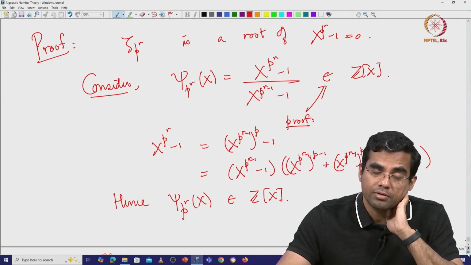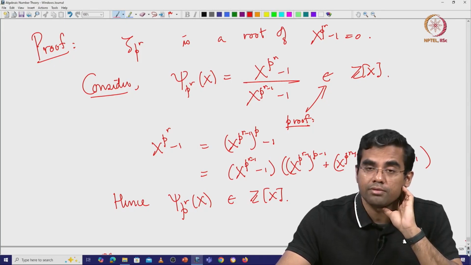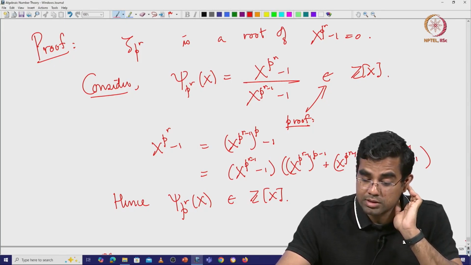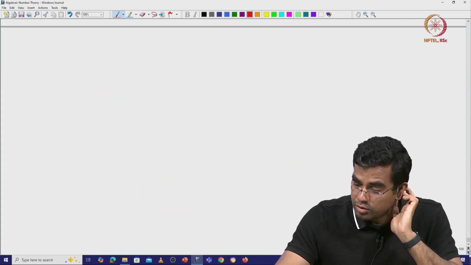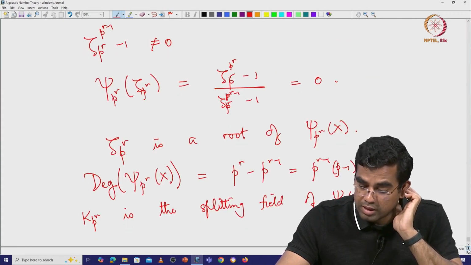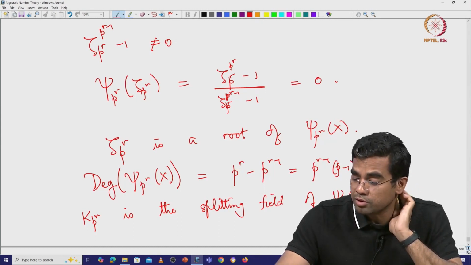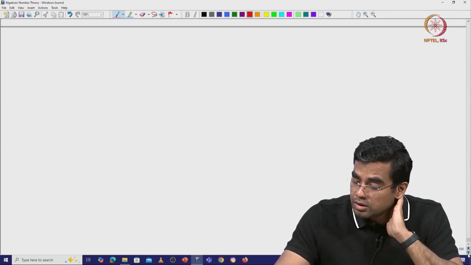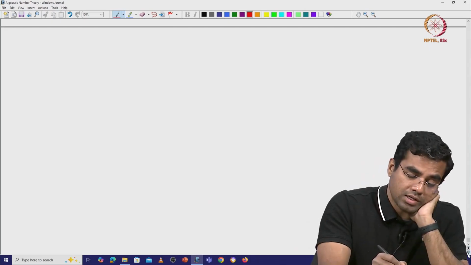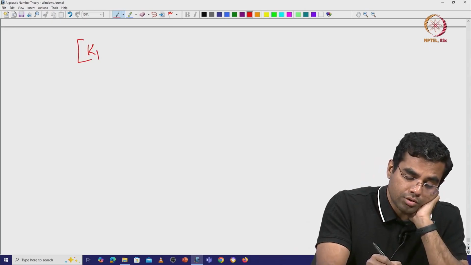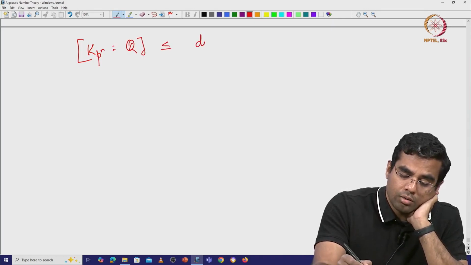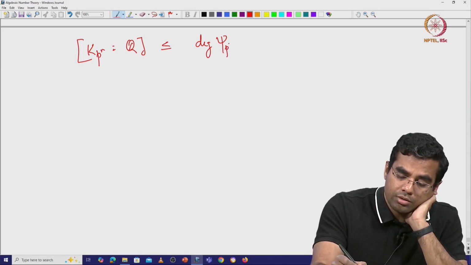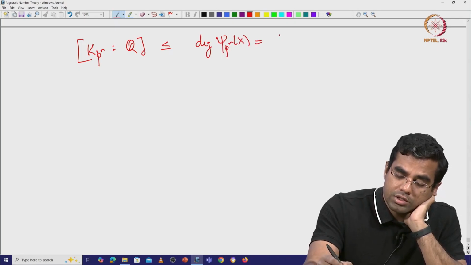Okay. So, one field can be the splitting field of many different polynomials, and if it is not immediate to you from what I wrote, you should try to prove that K p to the r is also the splitting field of this polynomial. In any case, this gives us an upper bound on the degree. So, the degree of K p to the r over Q is less than or equal to the degree of psi p to the r (x), which is p to the r minus 1 into p minus 1.